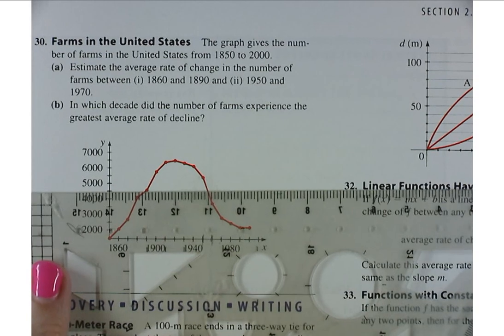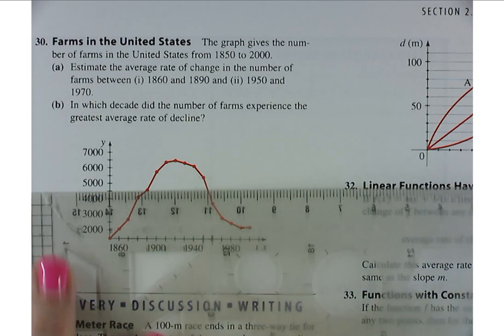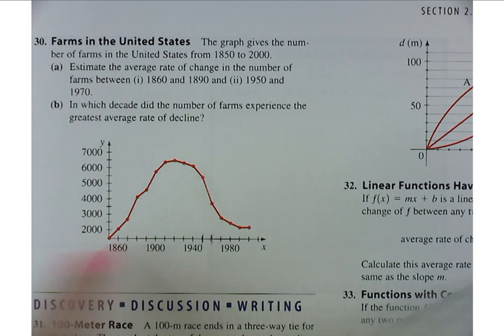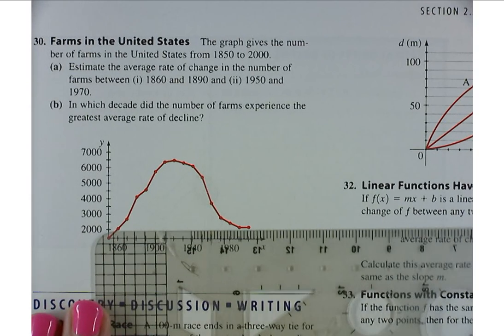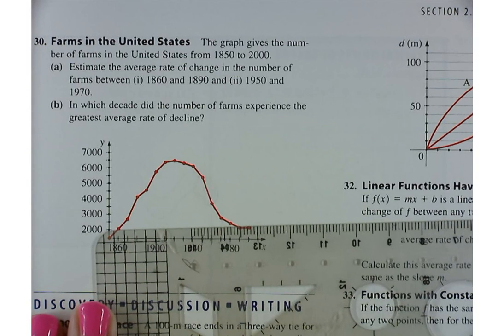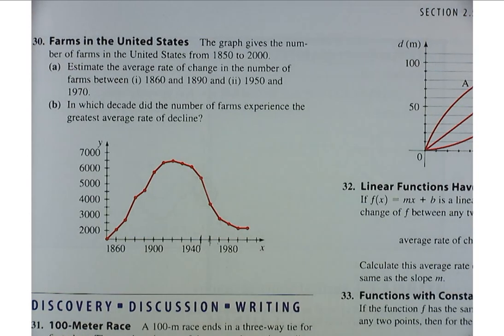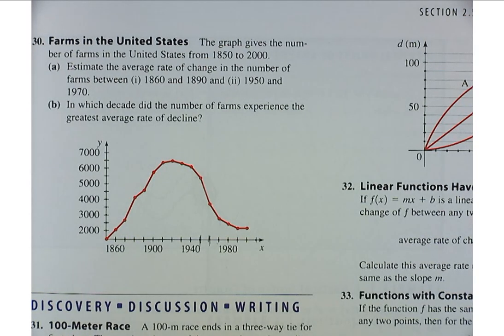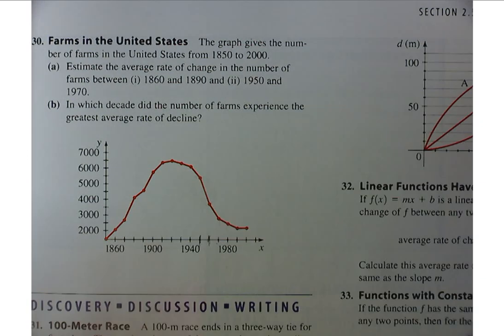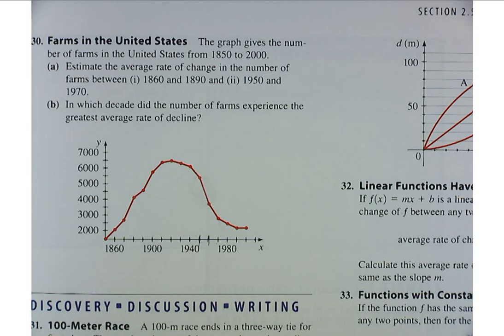All right, and that looks like it's about where? 4,500. Yep, great. And then the other one is 1860, and you can see that point, it's right here, and where does that point go? 2,000. Okay, so we're going to have 4,500 minus 2,000 over 30. And then we are going to round our answer to the nearest farm.